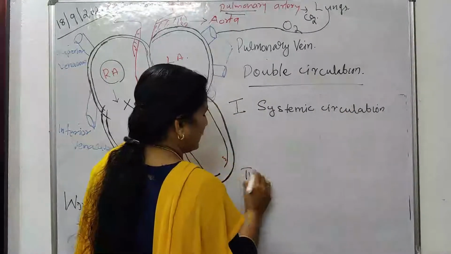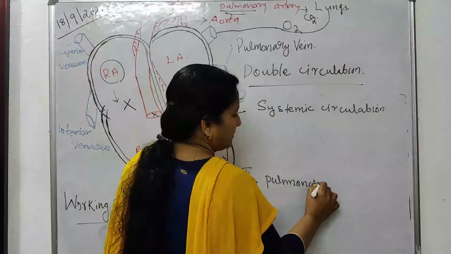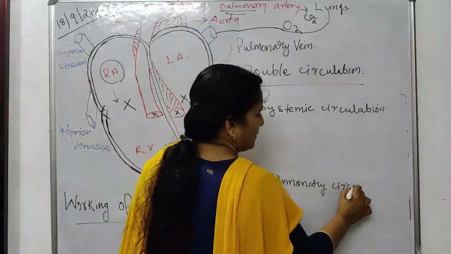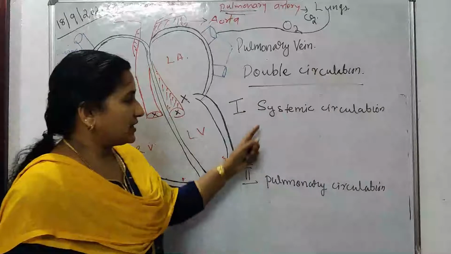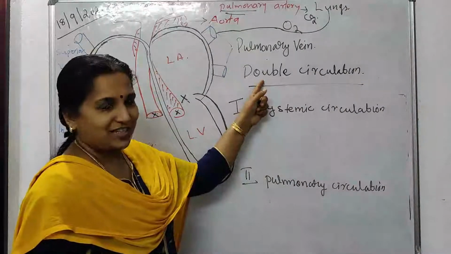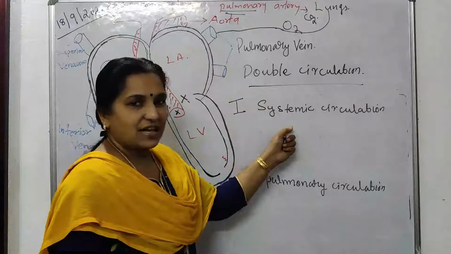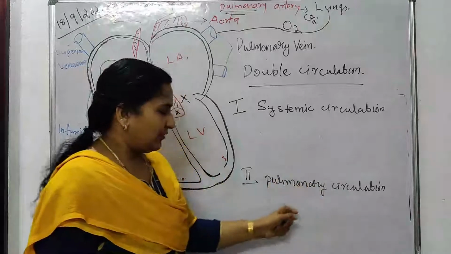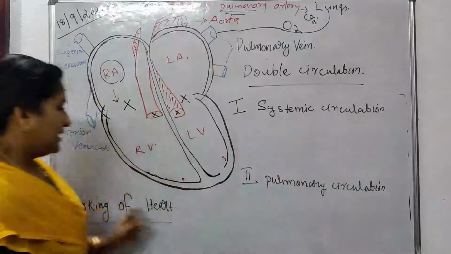Second one is pulmonary circulation. Since two kinds of circulation exist, it is known as double circulation. We can study from where the systemic circulation starts and ends. Similarly, from where this pulmonary circulation begins and ends.